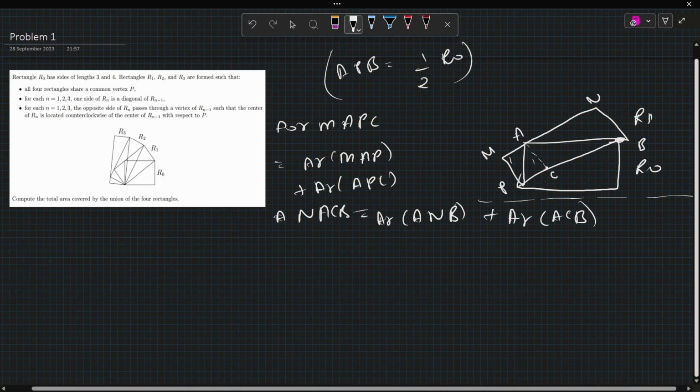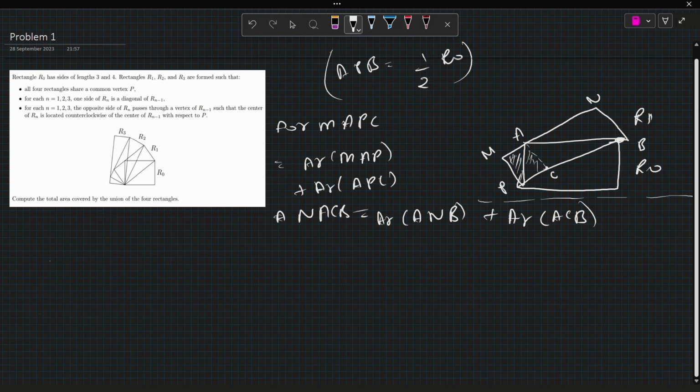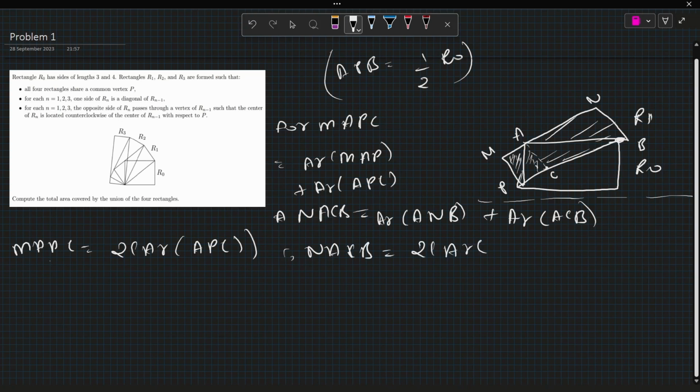Again, from the diagonal property of a rectangle, we can see that this triangle should be equal to this triangle, and this triangle should be equal to this triangle, as the diagonal divides a rectangle into two halves. So we can write these two equations as MAPC equal to 2 times the area of APC, and NACB equal to 2 times the area of ACB.